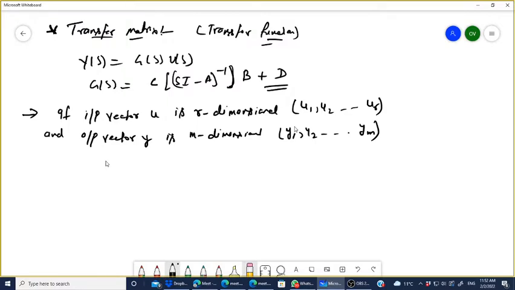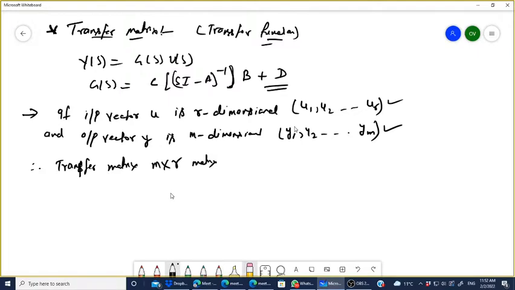Then the transfer matrix is defined in the order of m by r, right? Because m is the order of y and r is the order of u. So an m by r transfer matrix is going to be defined.